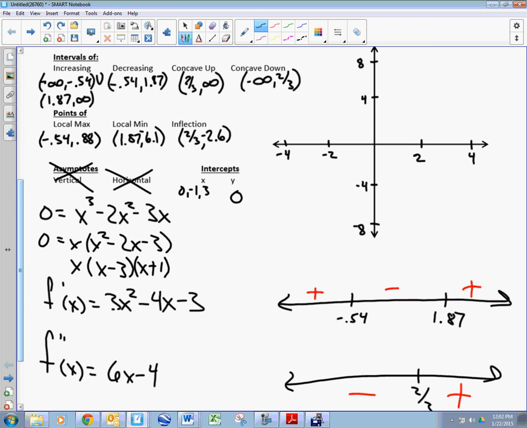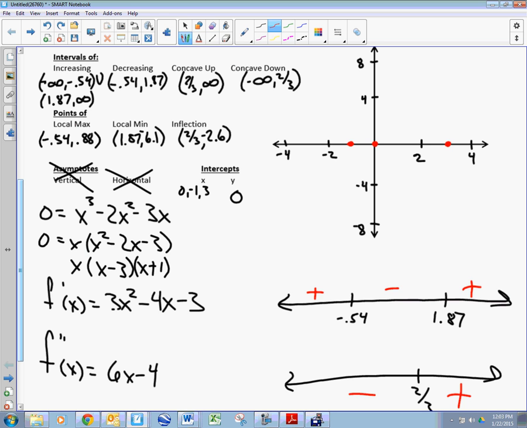Mine's real pretty so far. I'm going to plot my intercepts. 0, 3, -1. Now I'm going to plot my local max, local min, and inflections. I have a local max of -0.54, 0.88.